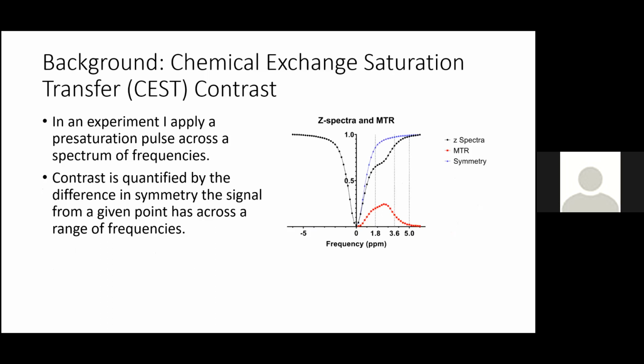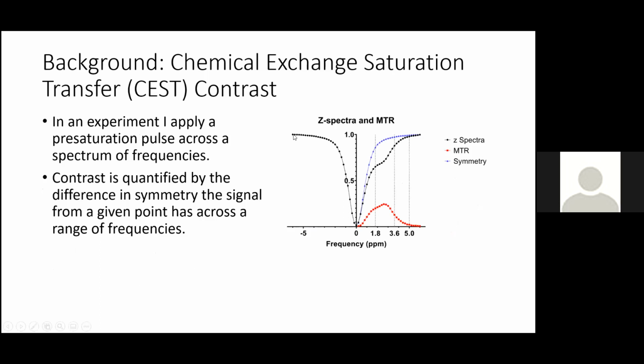Experimentally, what this looks like is we put a sample inside an MRI, and then we do a series of these pre-saturation pulses at different frequencies to tag these different hydrogen atoms. Then we look at the way in which symmetry is formed from it.